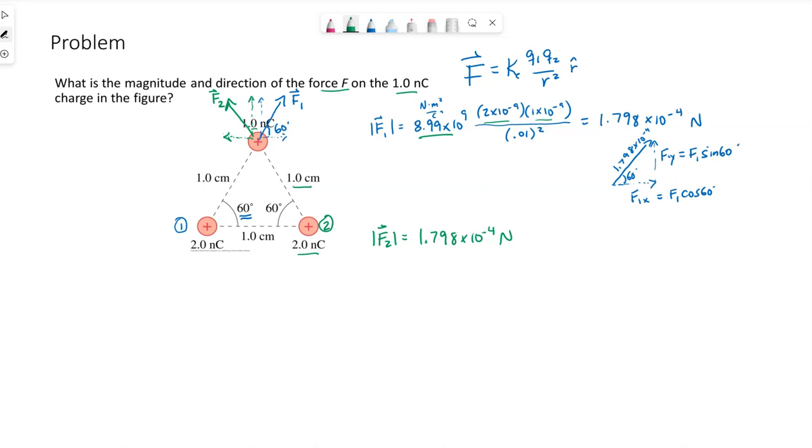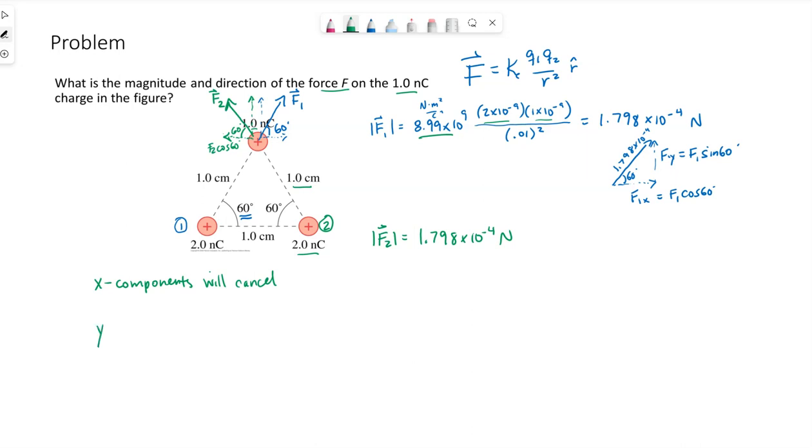So the angle here is 60. The x component would be F2 cosine 60, but it's in the negative x direction. The x components are going to cancel. If you see that, you don't have to go through the steps of actually calculating those x components.